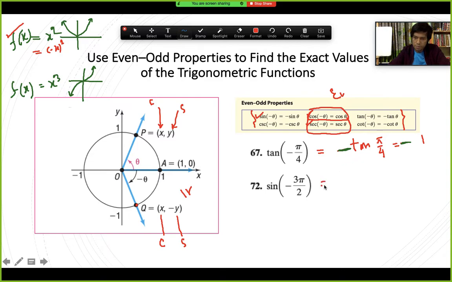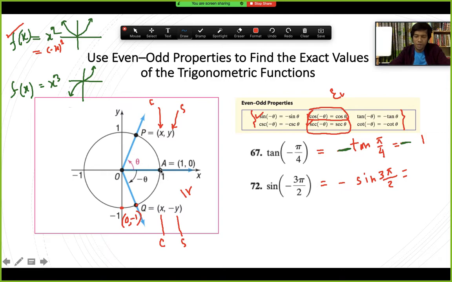Now for this one, this is sine of a minus angle, so same. For negative, we just give the negative outside the bracket. Then sine 3 pi by 2, what does it equal? This value is here, and this is 0, minus 1.